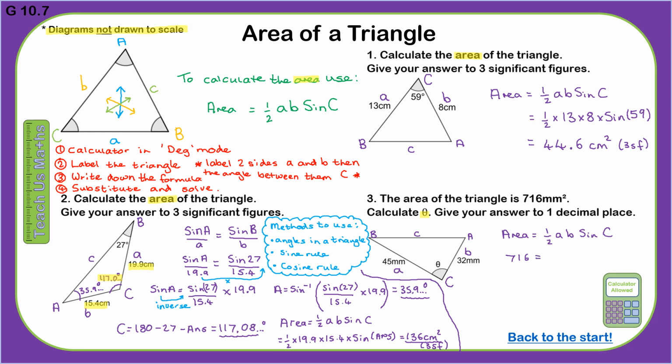Then we've got 1/2 multiplied by, now a I know is 45 millimeters, b I know is 32 millimeters, and C is theta. That is what we need to calculate. So I've now got that 716 is equal to 1/2 multiplied by 45 multiplied by 32 multiplied by sine theta.